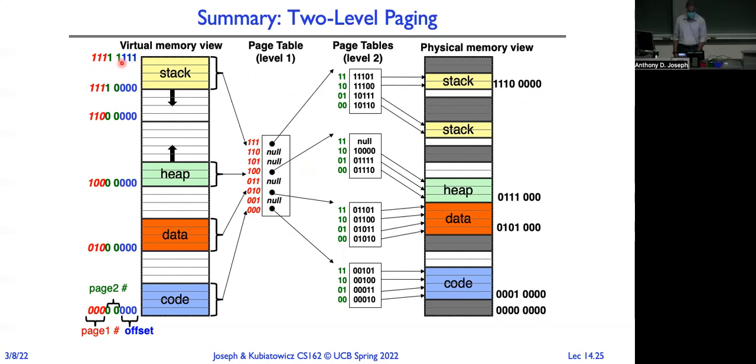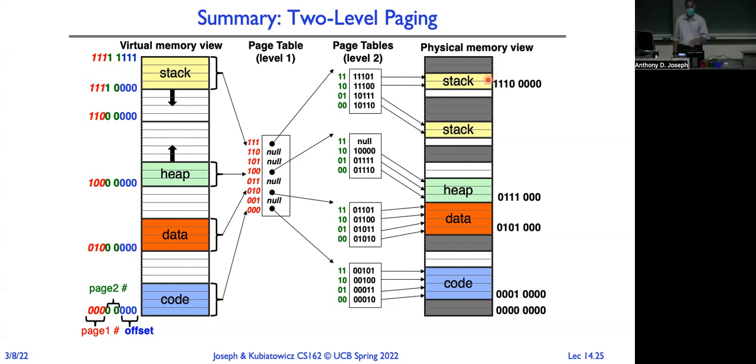Right, so our lower 3 bits are our offset. Then our next 2 bits in green are our second-level table. And our 3 top bits are our top-level page table. So top-level page table has 8 entries. And then our middle tables here have 4. And then we have 8 bytes on each page.